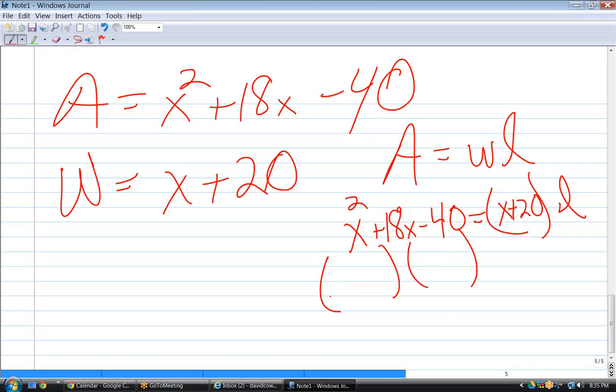How do I factor this? x plus 20, x minus 2. So now, what is the length equal to? x minus 2. Uh-huh.